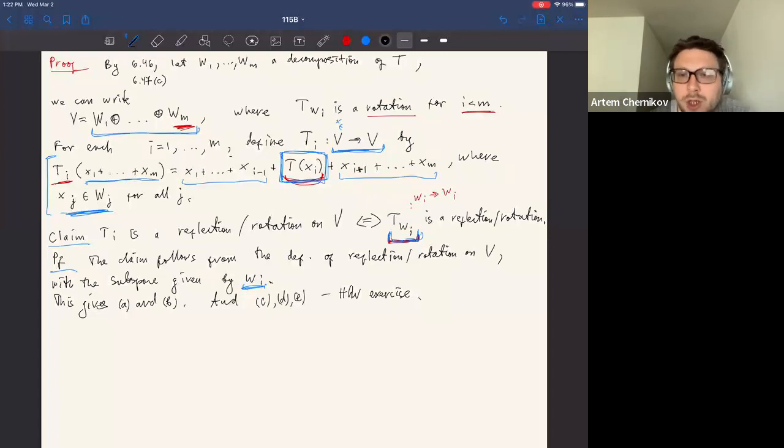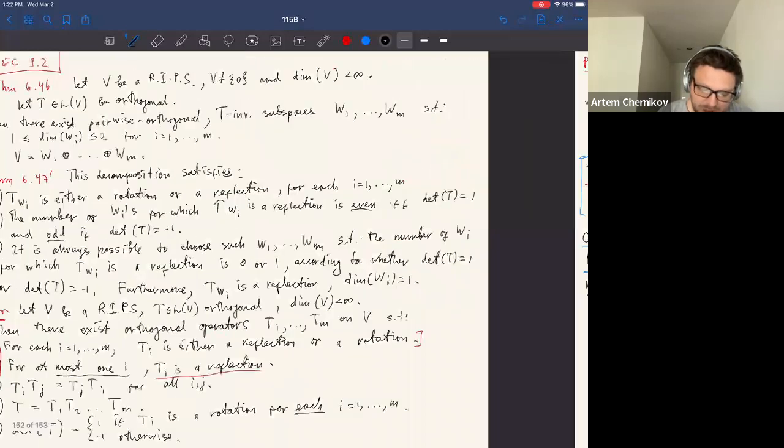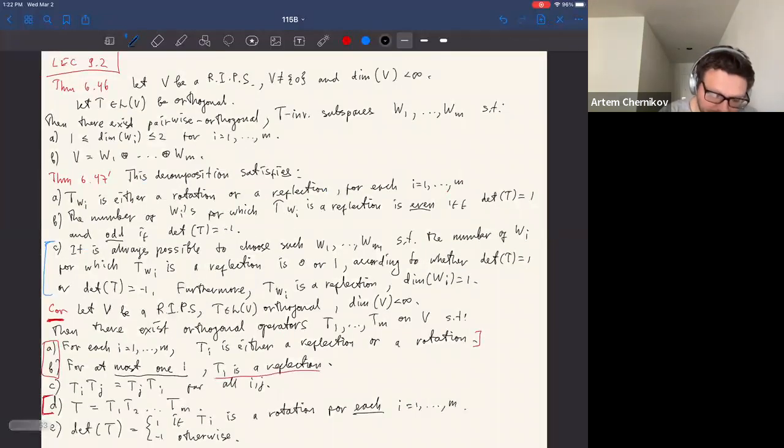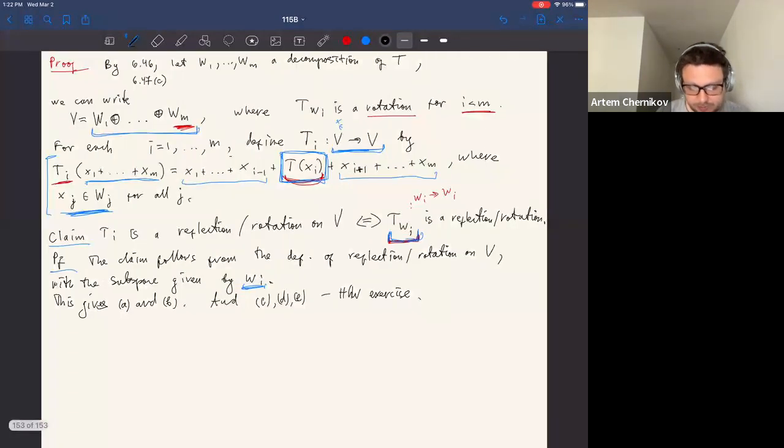Okay, so that's why this is a corollary. Somehow the main meat of the theorem is actually contained in theorems 646 and 647, and now we just need to compose things correctly. So here is how the Ti are defined. So this partially concludes the proof, modulo the homework.